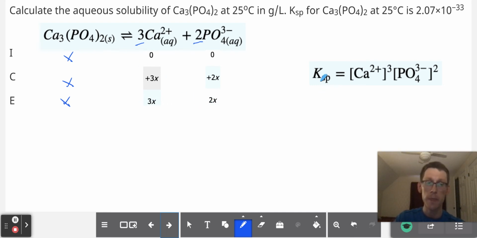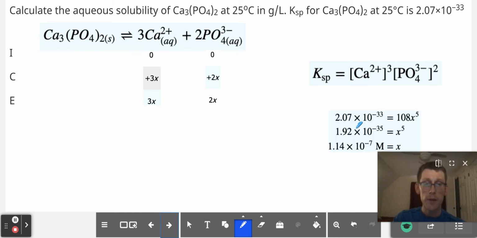So next we can use our Ksp expression. This is equal to calcium concentration cubed times phosphate concentration squared. The squared has to do with the coefficient of 2. The cubed has to do with the coefficient of 3 from the equation.